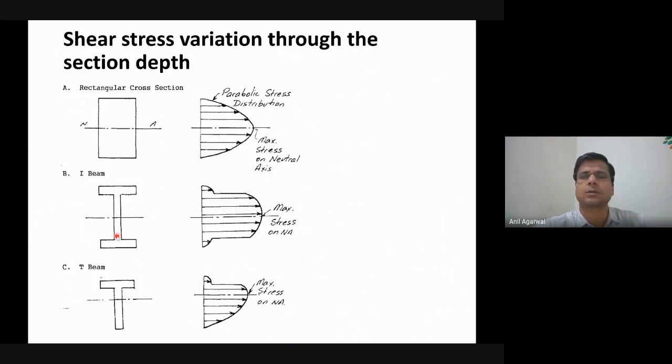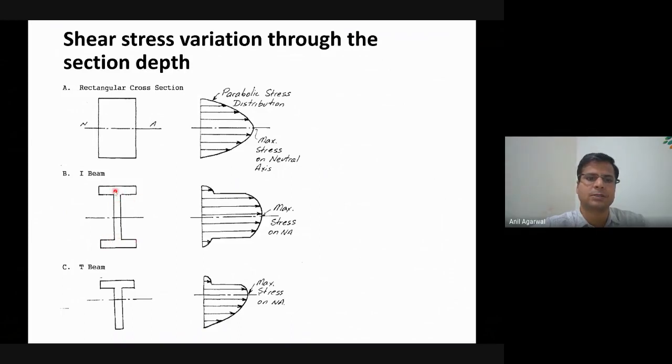Now the question is how much the web is contributing towards resisting the bending moment, and the answer to that would be: under shear, if the web has yielded completely, then it will not contribute at all towards the flexure. So in that case, you just need to take the flanges and ignore the web completely.